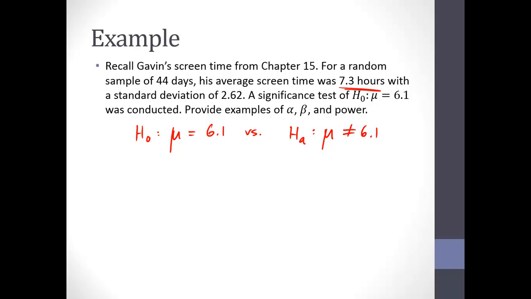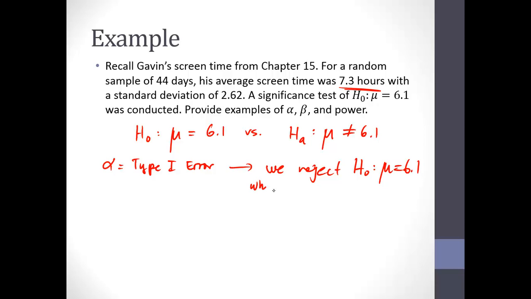So alpha is the type 1 error. Thinking about this, it's one of those cases where we've made a mistake. We've rejected the null hypothesis when we shouldn't have. So what this says in this example is that we reject the null hypothesis that the mean is actually equal to 6.1 when it was actually true.